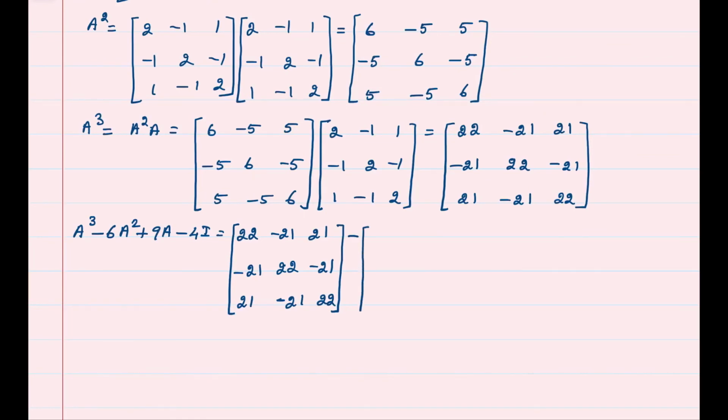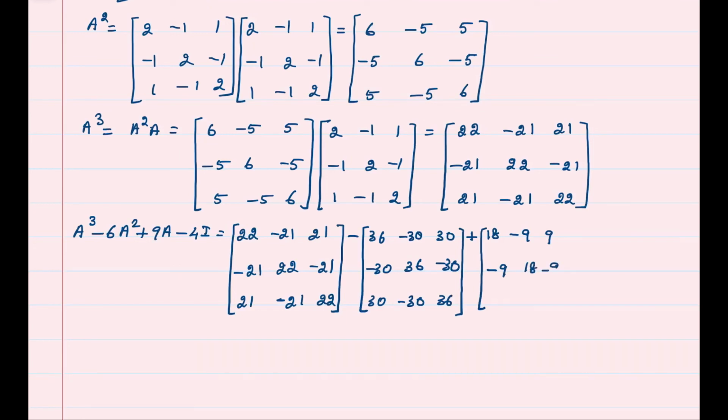Minus 6 times A square, which is 36, minus 30, 30, minus 30, 36, minus 30, 30, minus 30 and 36, plus 9 times A, 18, minus 9, 9, minus 9, 18, minus 9, 9 minus 9, 18, minus 4 times I, 4 0 0 0 4 0 0 0 4.